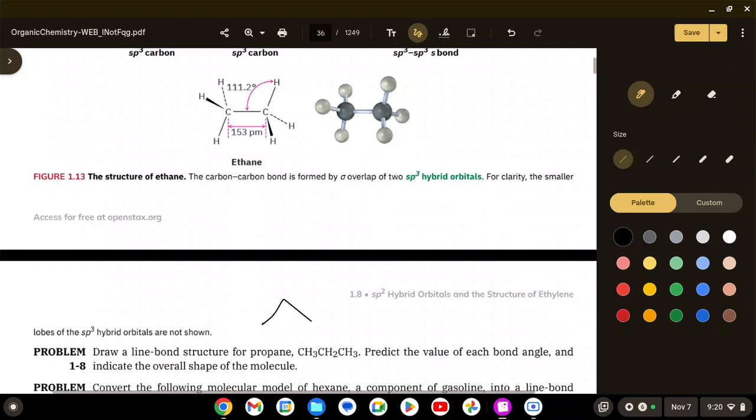So it looks like the angle between the hydrogens and the carbons is actually greater on the terminal sides. Based on this, they go from 109.5 to 111.2. So I'm guessing that's going to be the same for both of the end ones, 111 or greater.